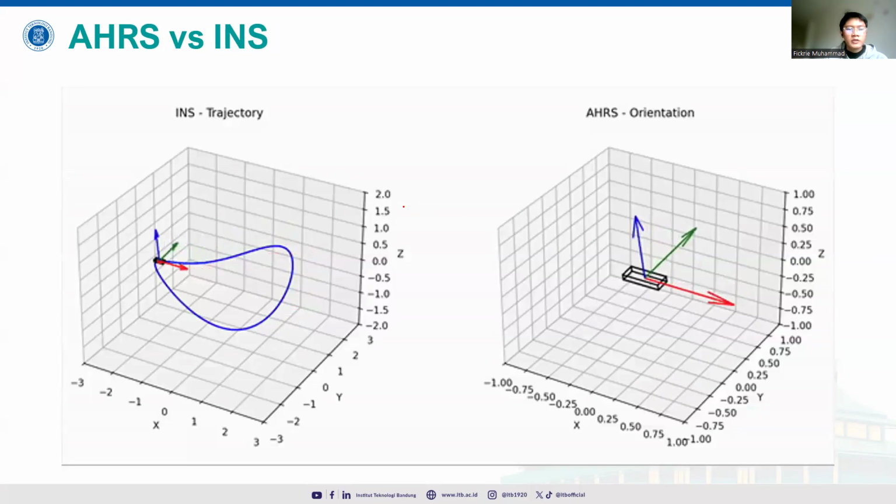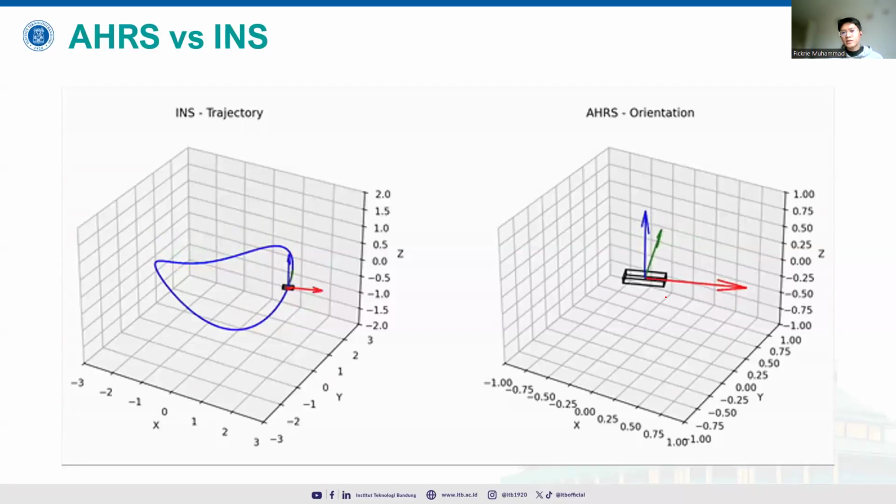So here, for example, the INS trajectory is basically measuring the trajectory of the vehicle in one course. And the AHRS is only able to measure the orientations. If we apply the AHRS to our computations with our filters, then later on we'll be able to estimate the positions, which is the INS.